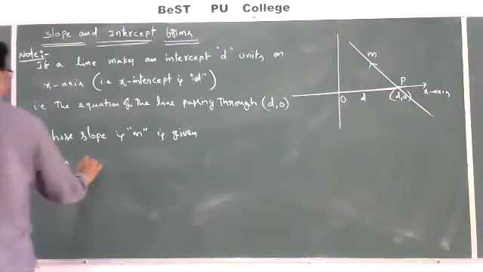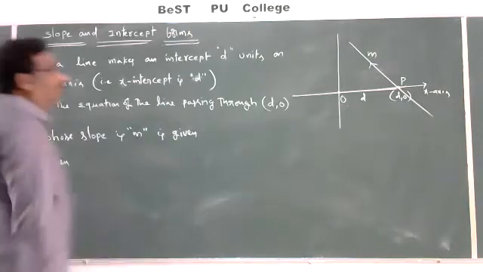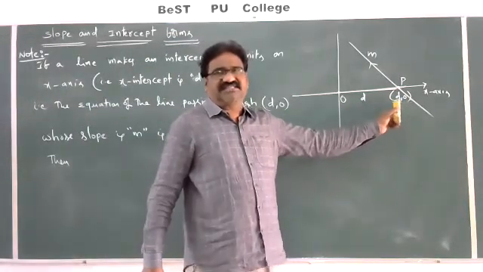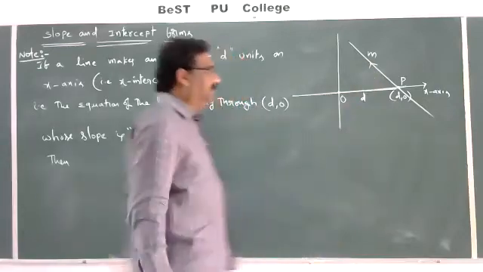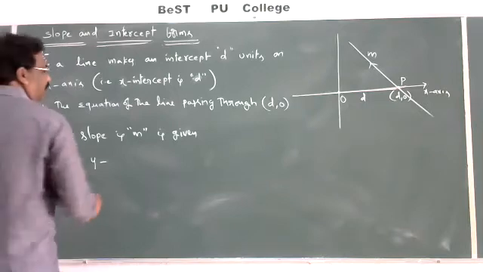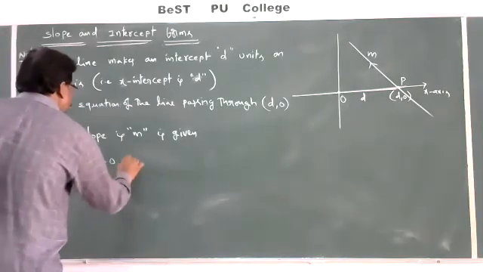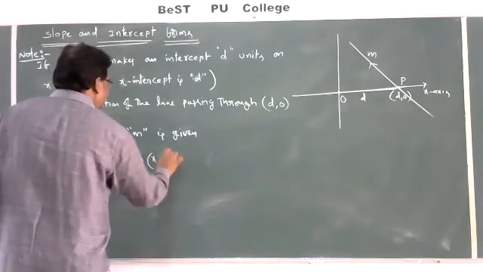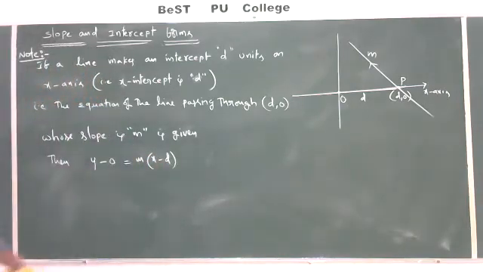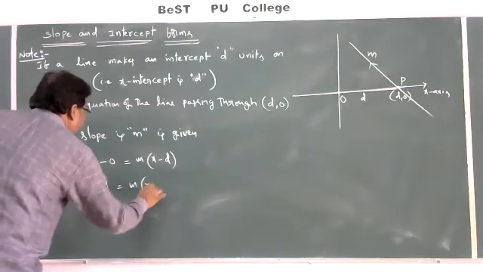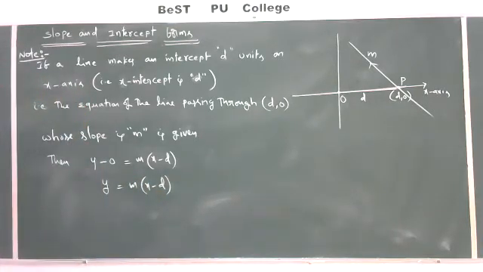So, passing through the point d comma 0, this is x1 y1, and slope m, y minus y1, that is y minus 0, is equal to m into x minus x1, that is x minus d. Then you get y is equal to m into x minus d.